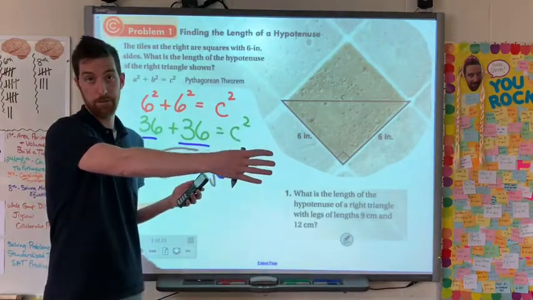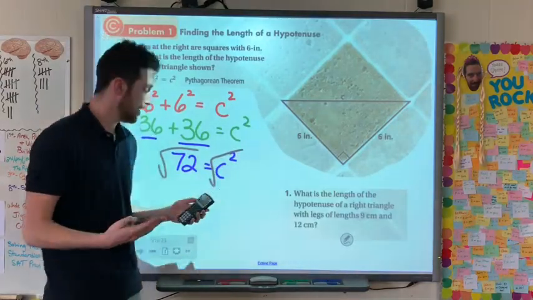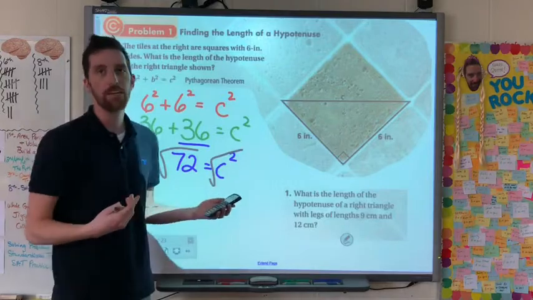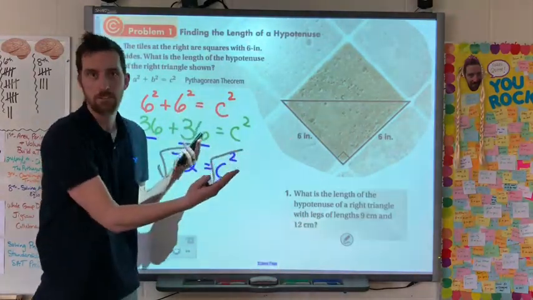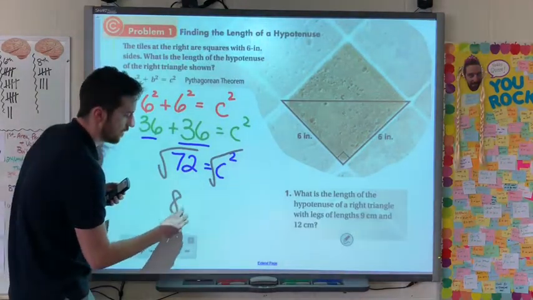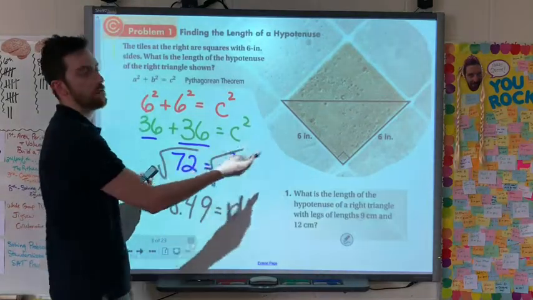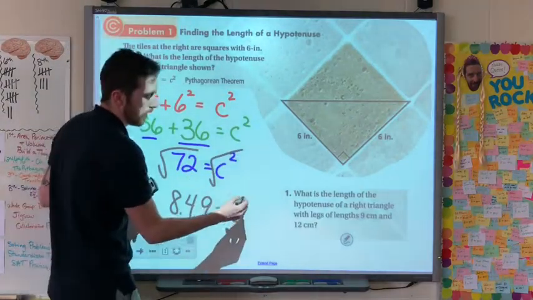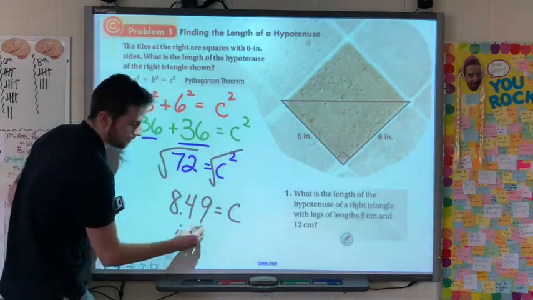If it's not a perfect square, then it has an infinite decimal. We're not going to use the negative square root because it can't be negative 8 point whatever inches. So we'll say 8.49 equals C, in inches. So 8.49 inches.